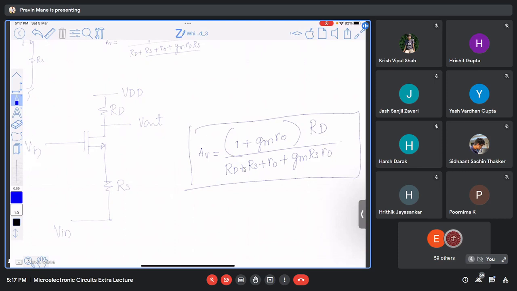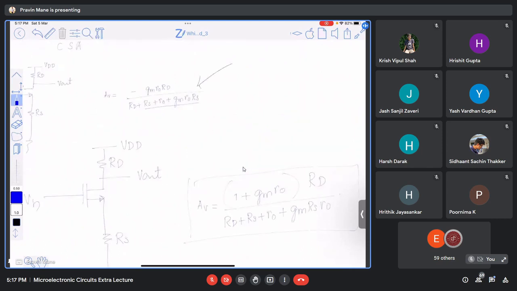These formulas have been derived using the small signal model by considering r_o also. But we don't generally require this bigger formula. Whenever required, I will use it later on, but not right now. So these two formulas are important.